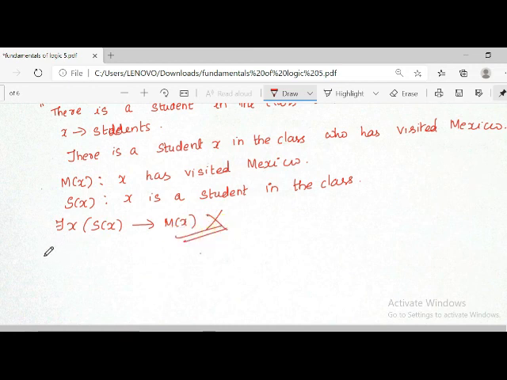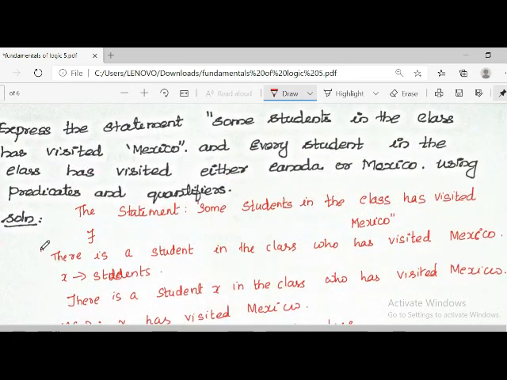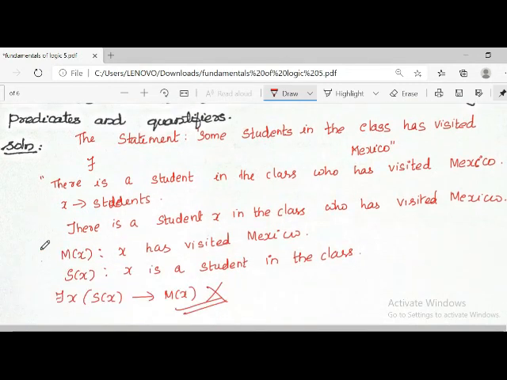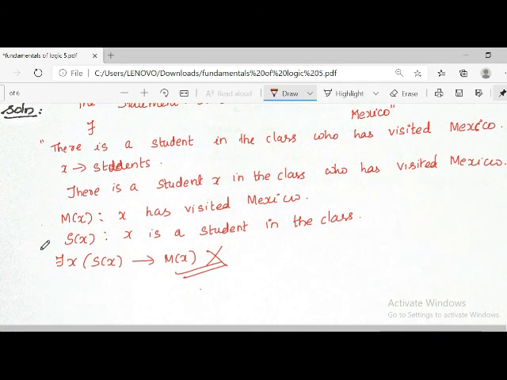Now let me take the second statement: every student in the class has visited Canada or Mexico. So for all x, x is a student in the class and x has visited Mexico or x has visited Canada.